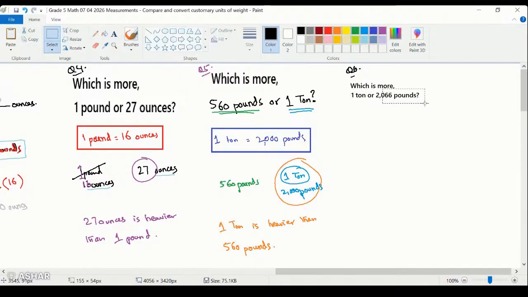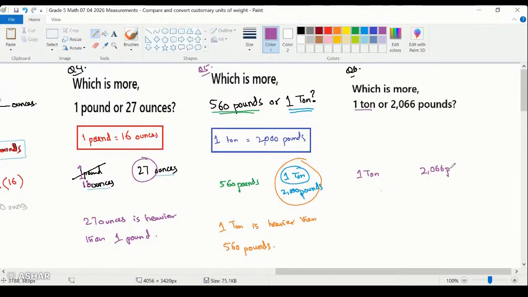Since weight has very limited measurements, pounds, ounces, and tons, it would be very different for lengths, which have a lot of measurements. We have 1 ton, and we can say that 1 ton would be equal to 2000 pounds. Agreed? Because we already have this information.